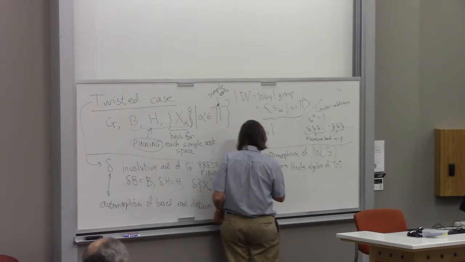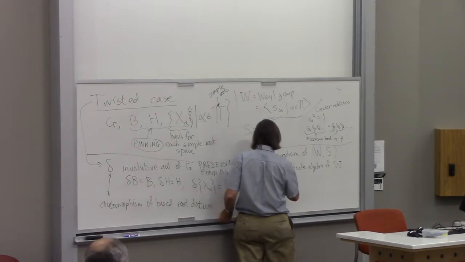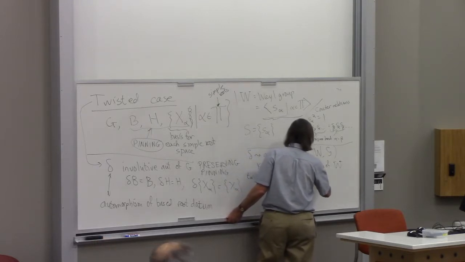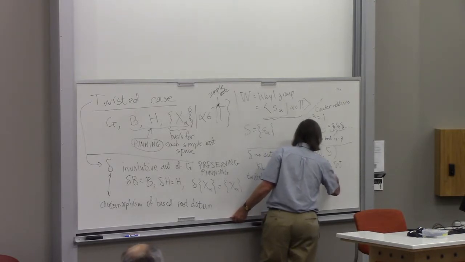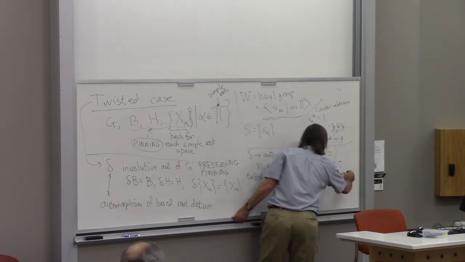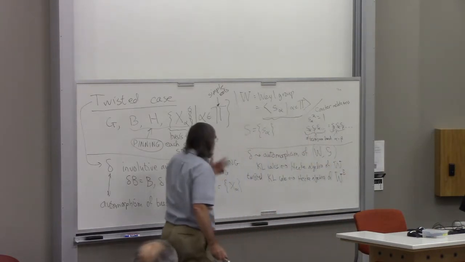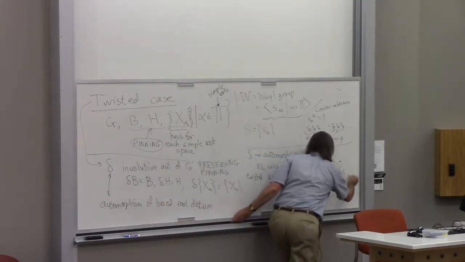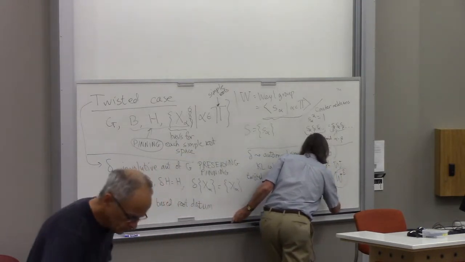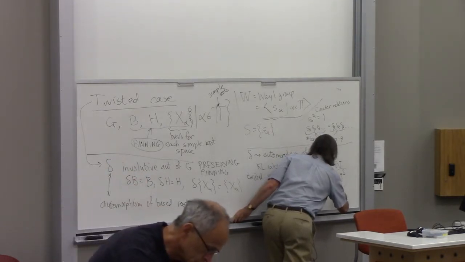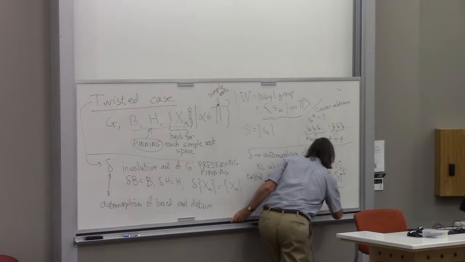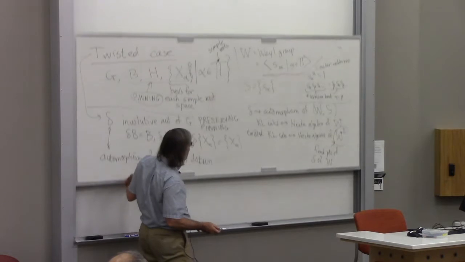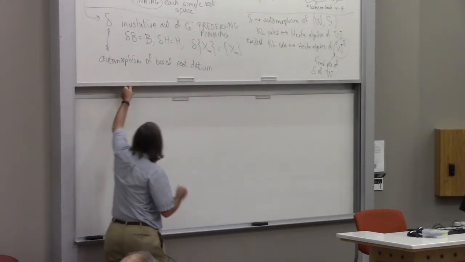So the twisted Kazhdan-Lusztig calculations are related to the Hecke algebra of W upper delta, which just means the fixed points of delta on W. So I want to explain why W upper delta is a Coxeter group.